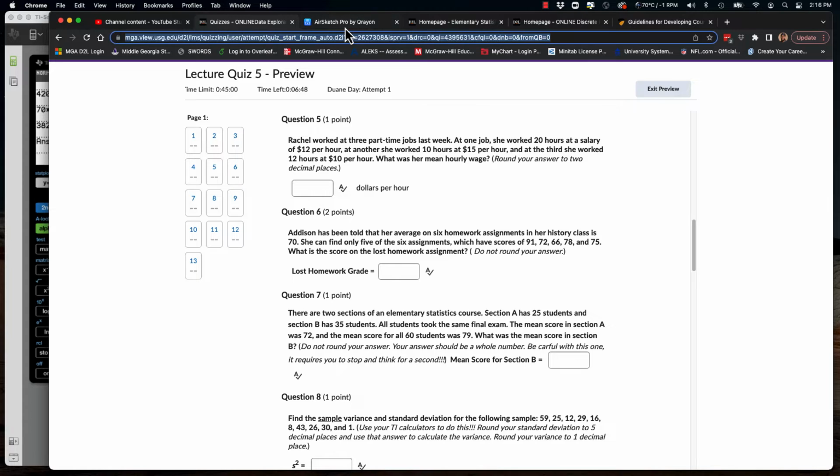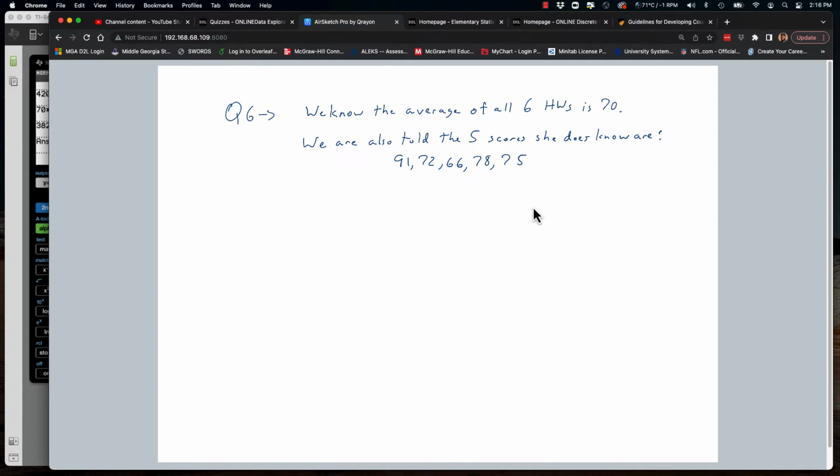So basically what we need to do is set up an equation, much like using the idea of how we would compute an average. We need to take these 5 values and sum them up: 91 plus 72 plus 66 plus 78 plus 75, plus a missing value of x, we'll just call it x, and we divide that by 6, and that's supposed to give us an average of 70.